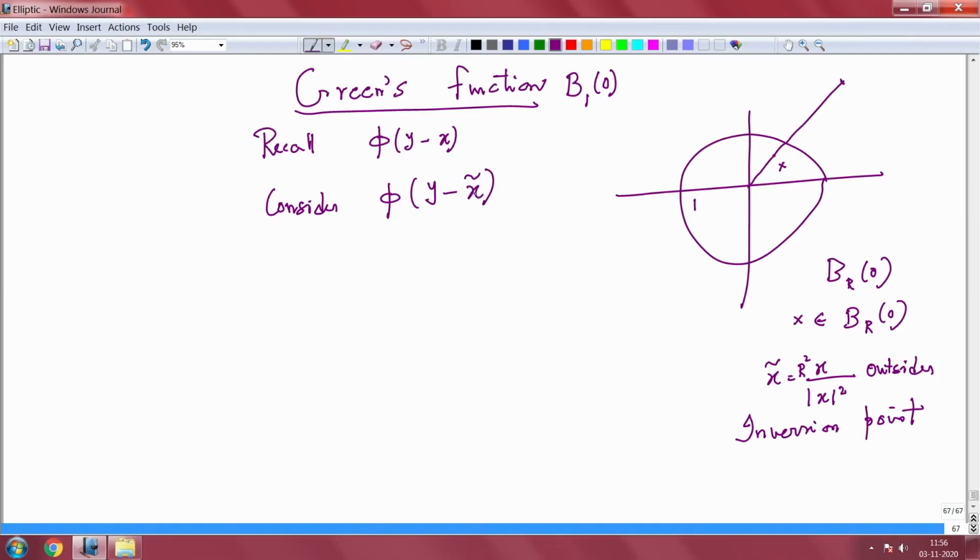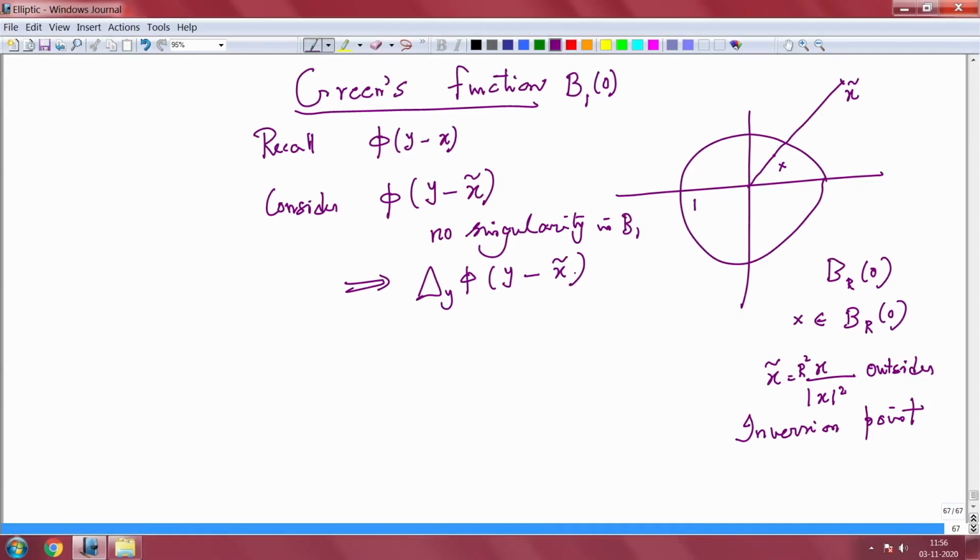So, this singularity is at x tilde, just like the previous case, x tilde is outside. So, no singularity in B1. That implies the Laplacian in y of phi of y minus x tilde equals 0.